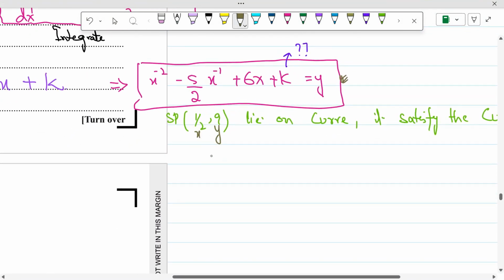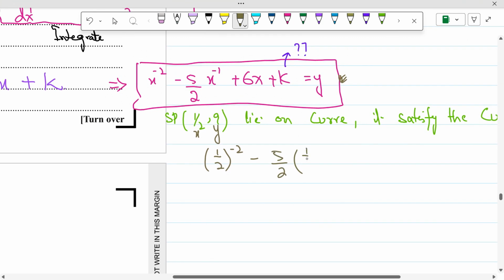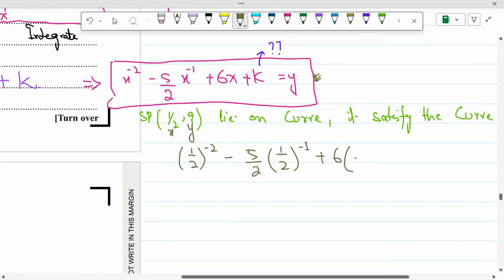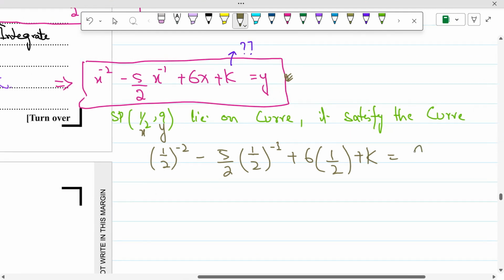So plugging in, we will have x to the power of negative 2, which means 1 over 2 whole power negative 2, minus 5 over 2 times x inverse, which means 1 over 2 whole power negative 1, plus 6 times half plus k is equal to y, which is equal to 9.